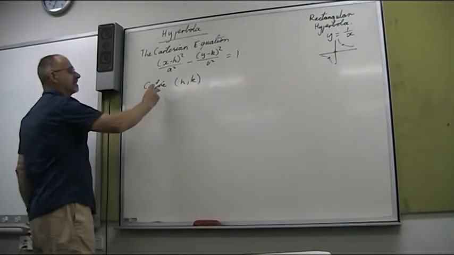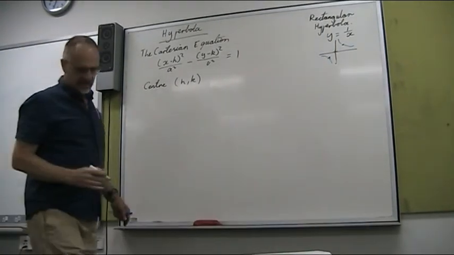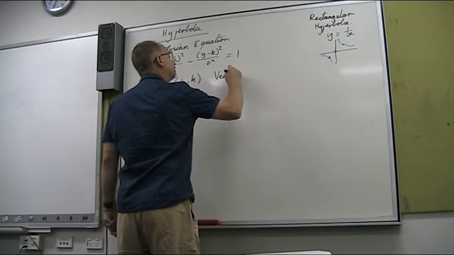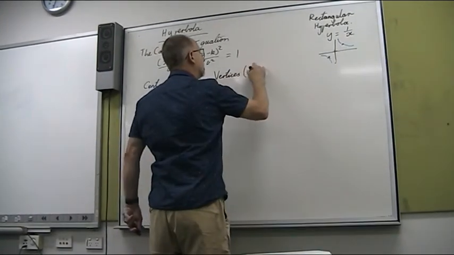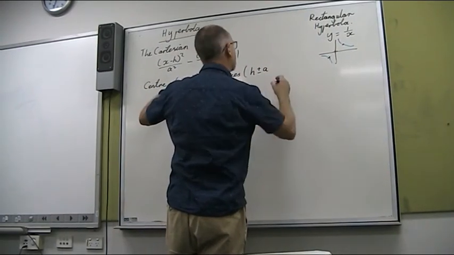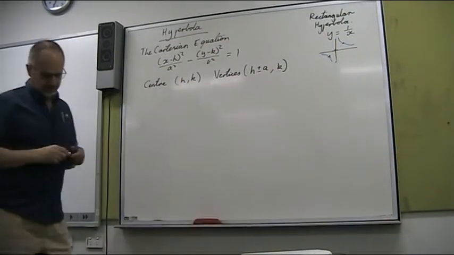So the vertices are the points that are closest to this centre. And they are plus or minus A, so you start at H and K.